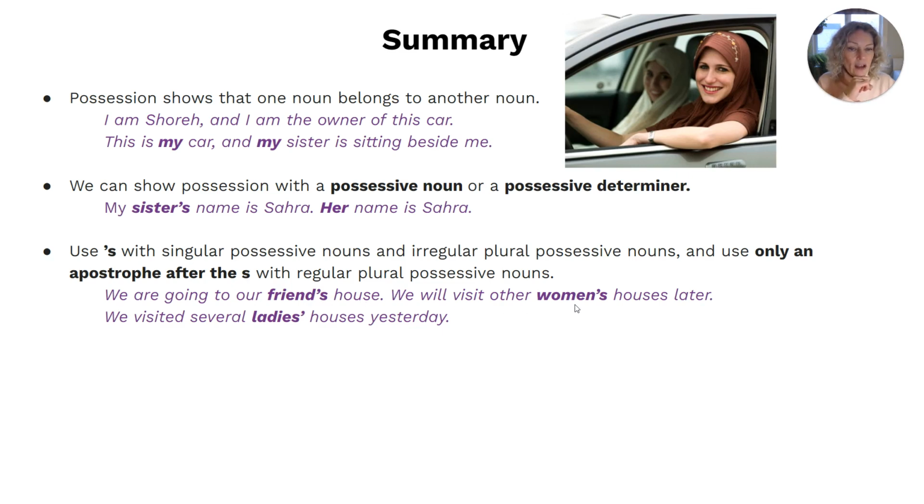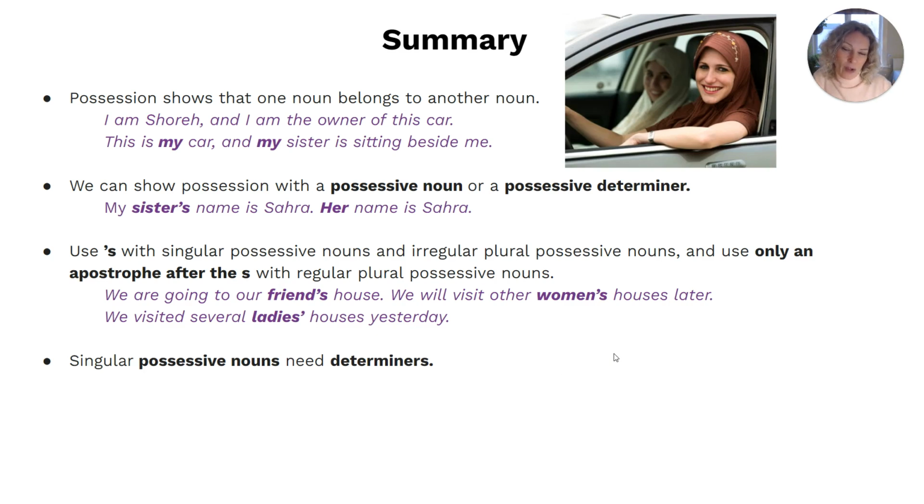We will visit other women's houses. That's an irregular plural, because see the E there? And that's why we have an apostrophe S there. We visited several ladies' houses yesterday. So see how we have an apostrophe after the S there? That's showing a possessive noun that's plural, just a regular plural with an S on the end.